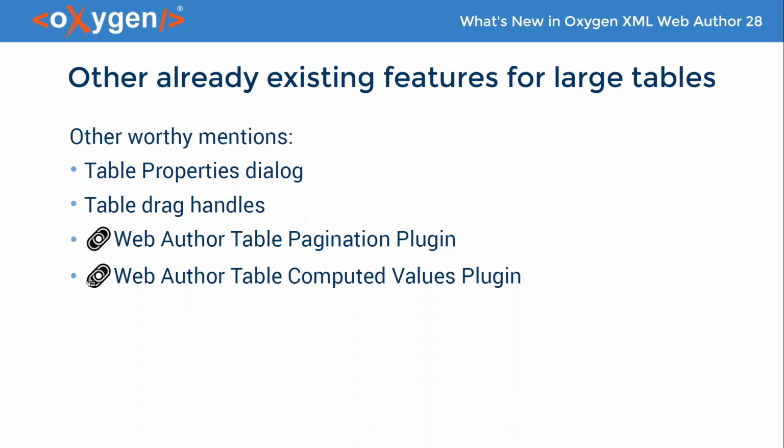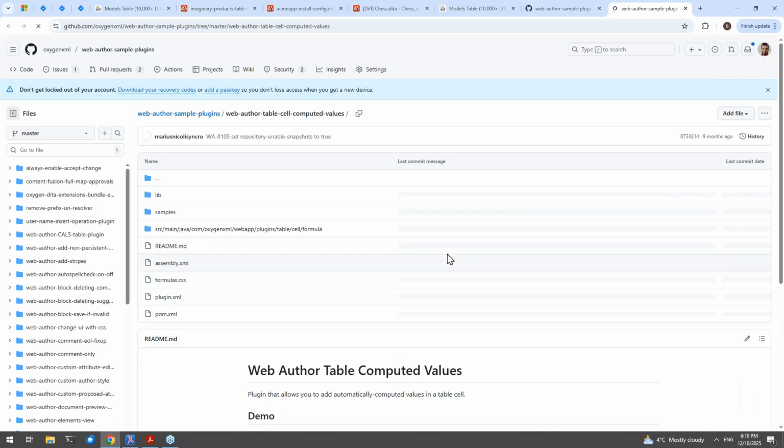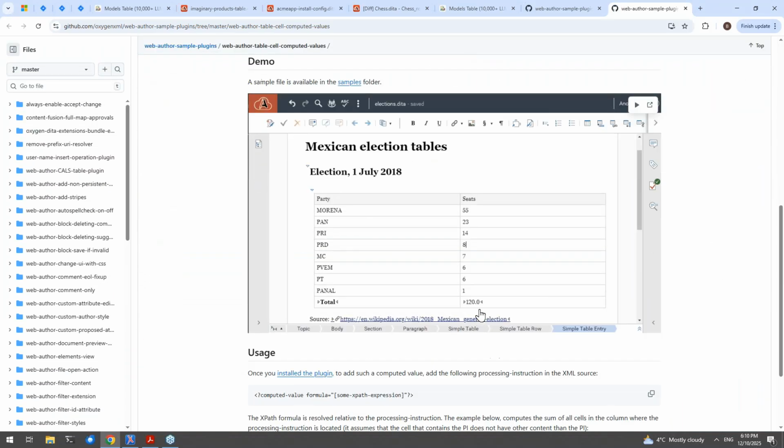Another sample plugin is the table computed values plugin, and this allows you to have a table cell like this one, and for this cell, the value inside the cell will be automatically computed based on an XML expression.